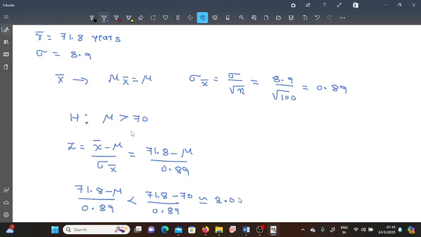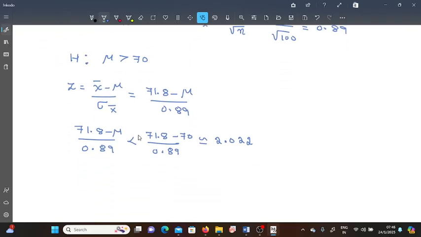2.022. So clearly the value of Z is less than 2.022.